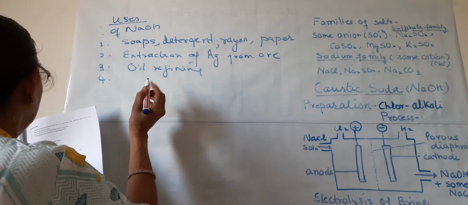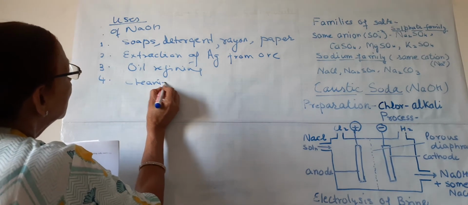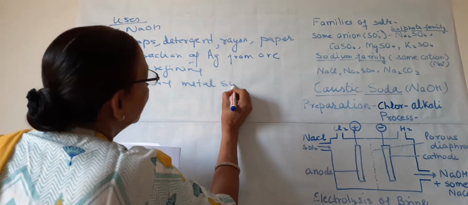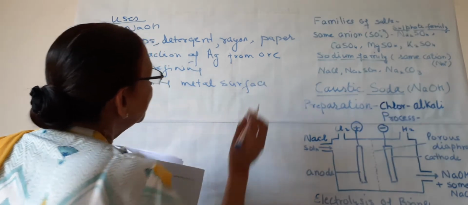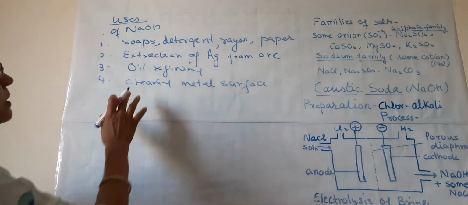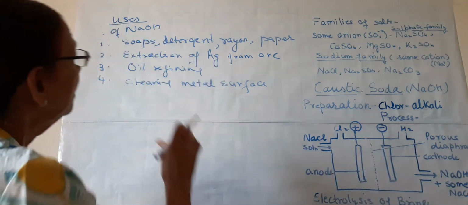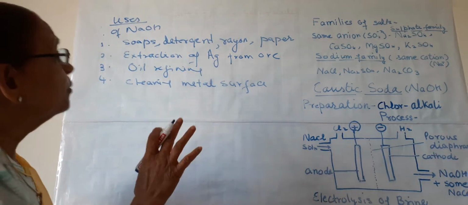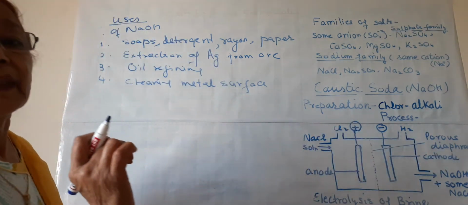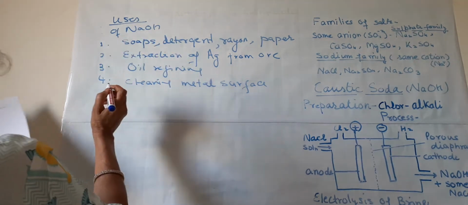And fourth, it is used in cleaning metal surface or degreasing. Grease is being removed, degreasing or cleaning metal surface. So these are the uses of sodium hydroxide. You have to learn all the uses of all the products which are formed by this electrolysis of brine.